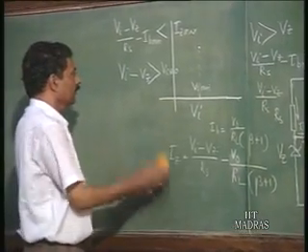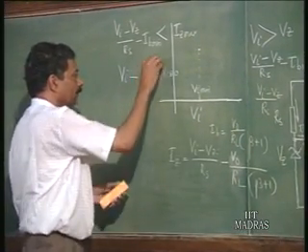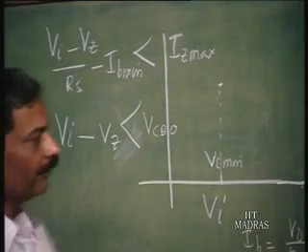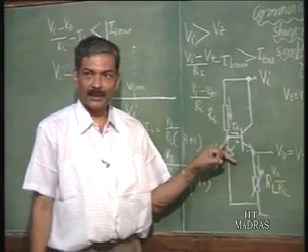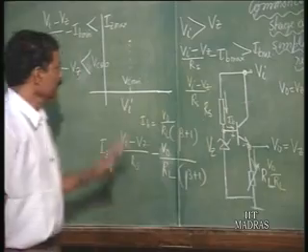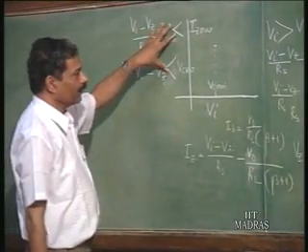This is the maximum limit. It should not cause breakdown of the transistor. So, these are the basic limits.